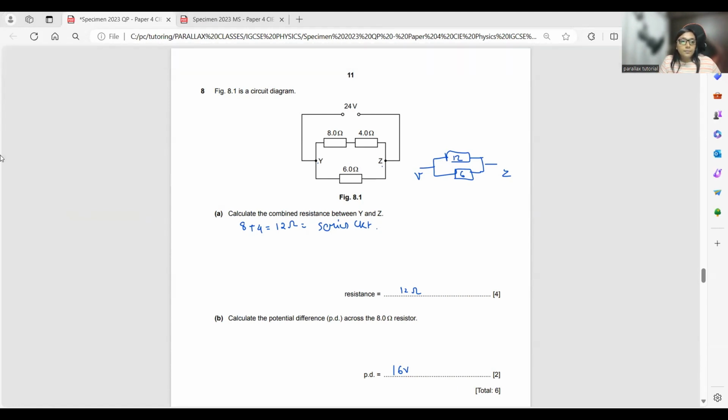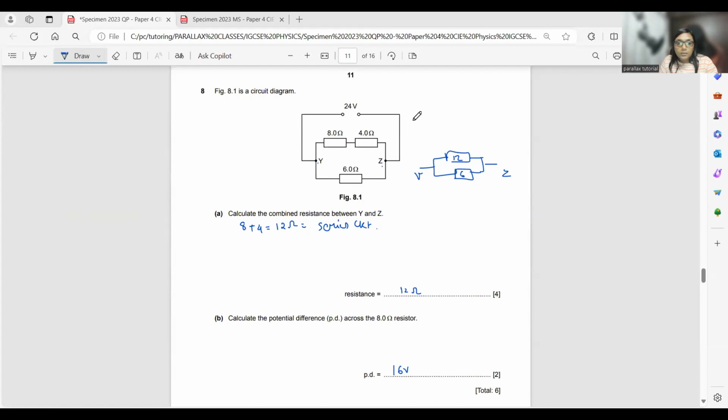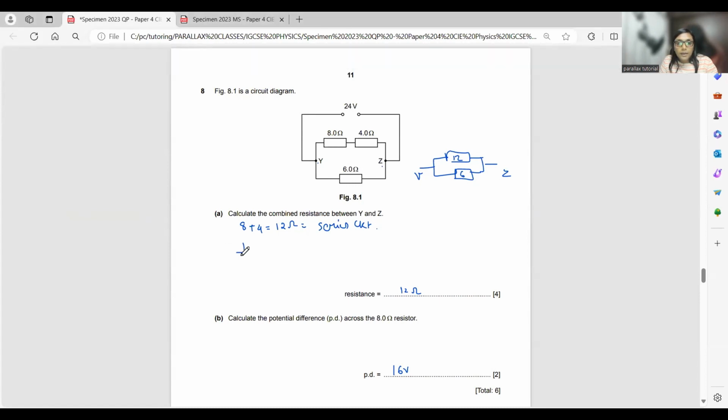Okay. And now we are going to discuss what our final answer would be. So we have 12 and 6, both are connected in parallel. So let's work out. The parallel circuit resistances are given like this: 1 by R1 plus 1 by R2 is equal to 1 by R equivalent.